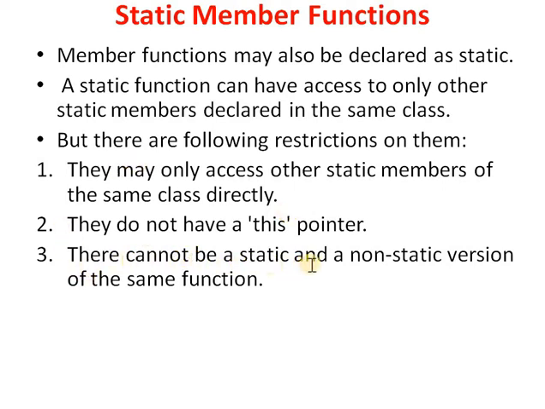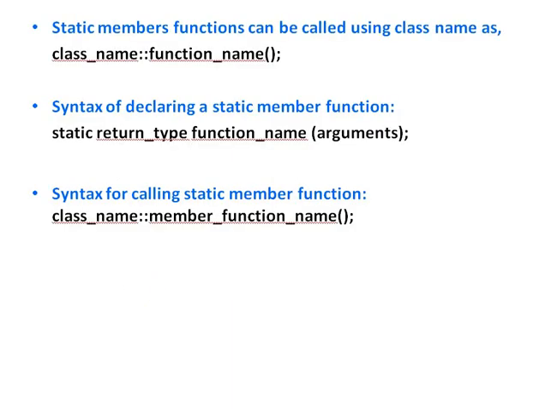There cannot be a static and a non-static version of the same function. The same function you cannot define as static as well as non-static. Either you use that particular function as static or non-static.